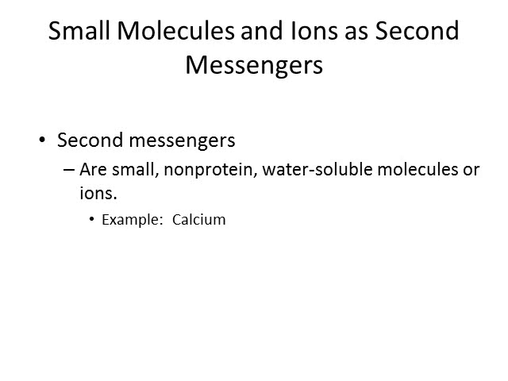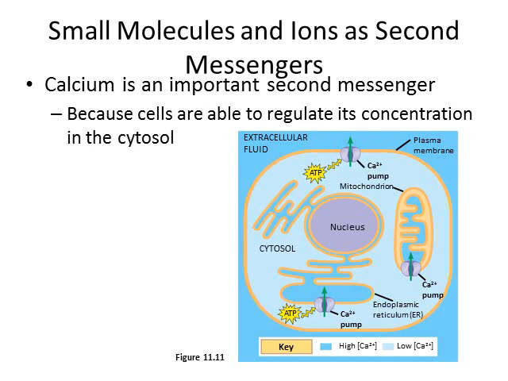One of the best examples of a secondary messenger is calcium. When our cell receives a signal, we're going to pump calcium into our endoplasmic reticulum. We're going to pump calcium into our mitochondria.